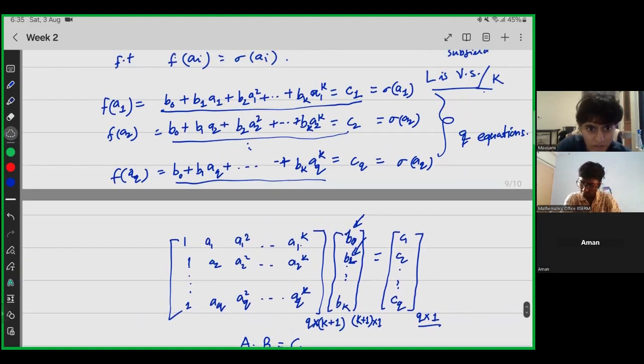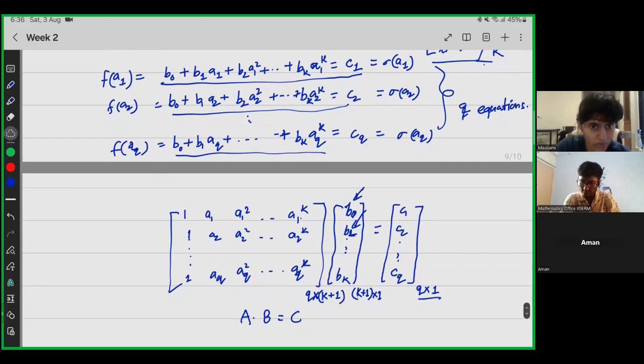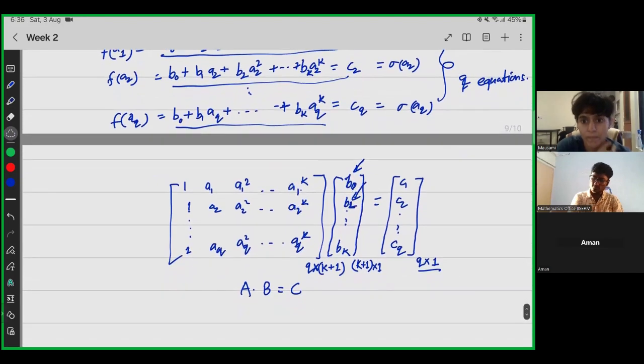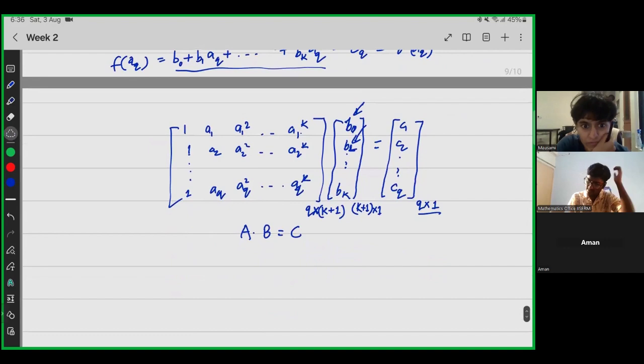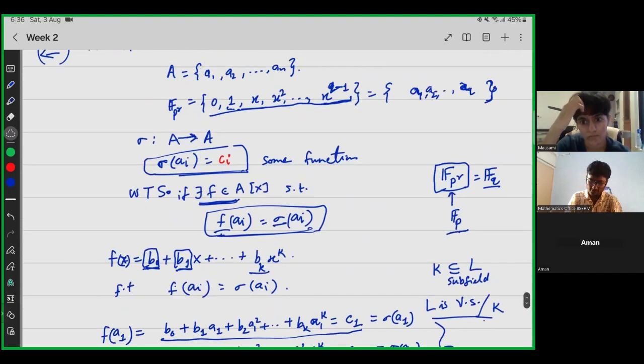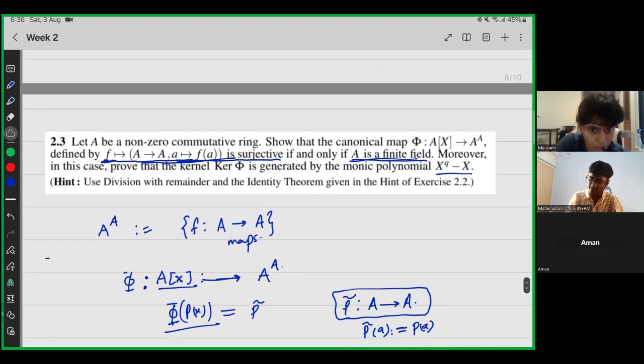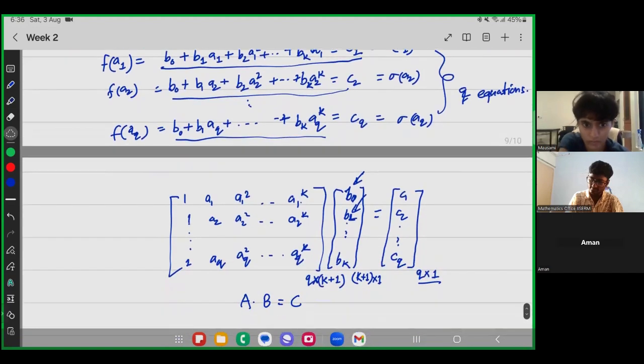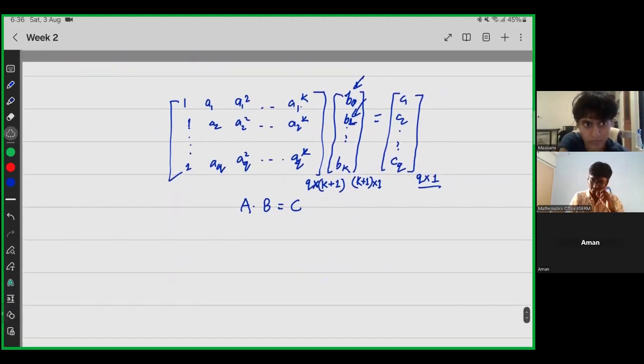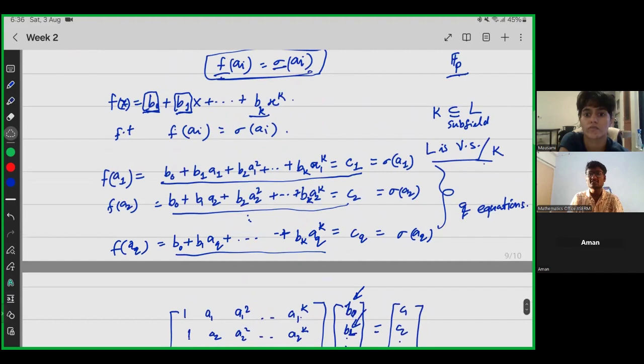First of all, what we want actually is that this is surjective, and it is given that it is a finite field, and k depends on our choice.